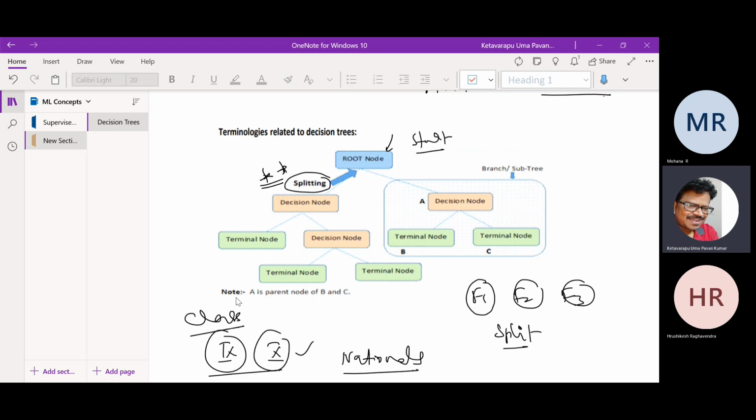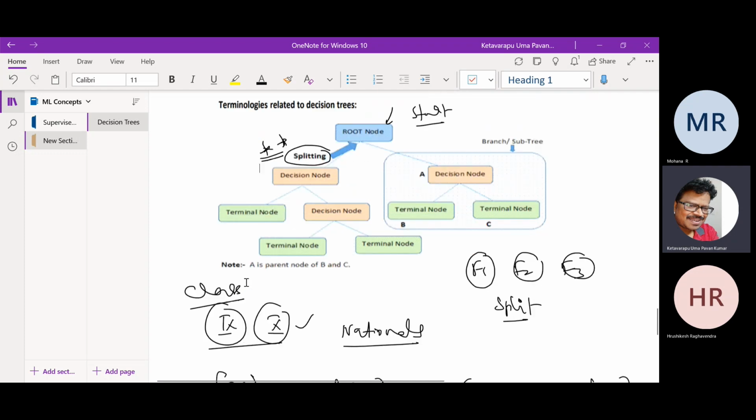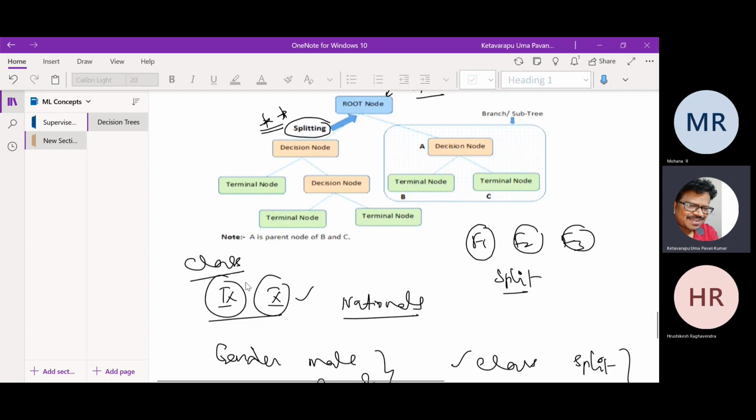For this, I have the concept of splitting of the node. Most important thing, friends: in the discussion of naive Bayes in the earlier session, we saw some conditional probability and how we need to give importance to each and every feature. But in terms of the decision tree, the key point is splitting of the nodes. On what basis should I apply the split?